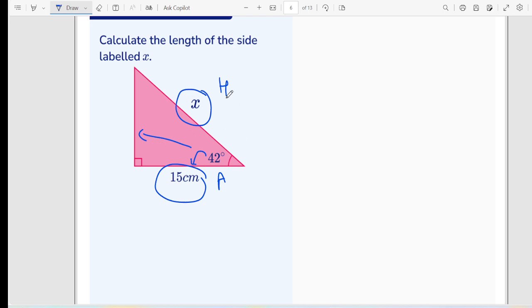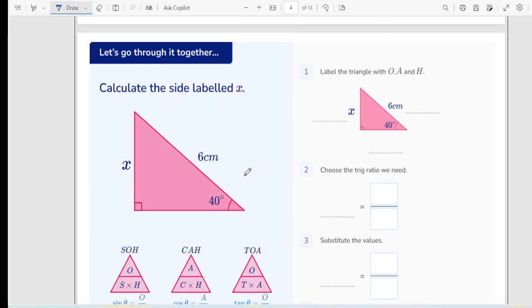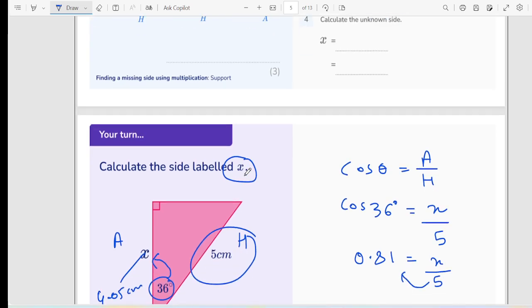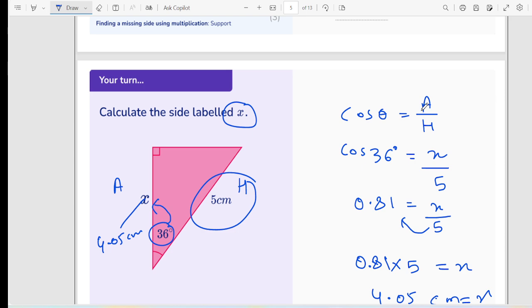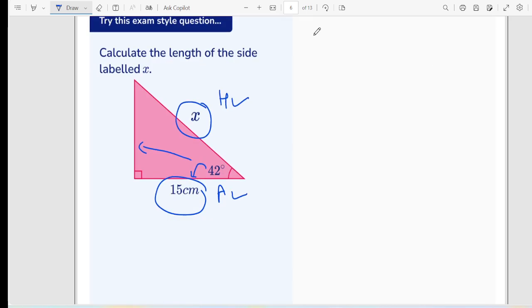But we have to find the hypotenuse and the adjacent. Now let's check which trigonometric ratio has hypotenuse and adjacent. We just did this one, and we have seen that cos theta has A and H. So that's why we would be using cos theta, which is adjacent over hypotenuse.